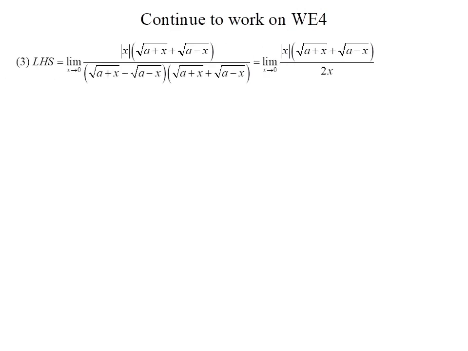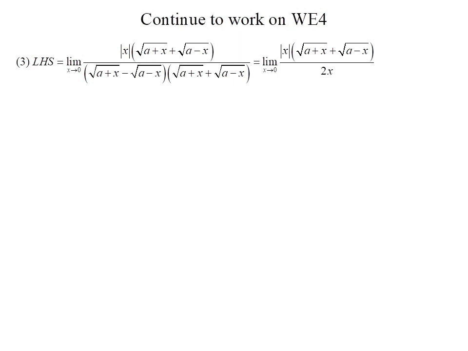Here we continue to work on question 3 of example 4. Since we cannot directly substitute x by 0 in the expression, we multiply both numerator and denominator by the conjugate of the denominator.